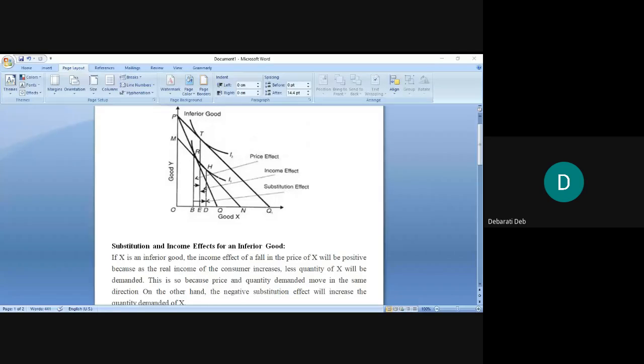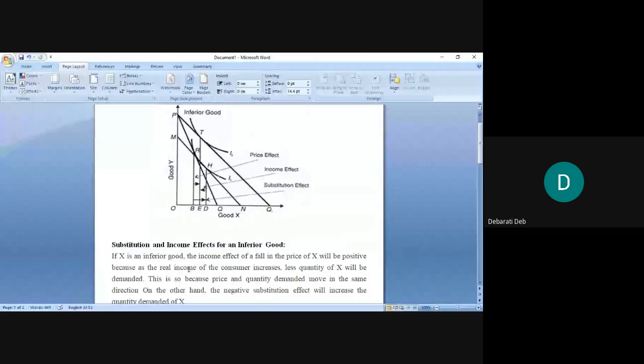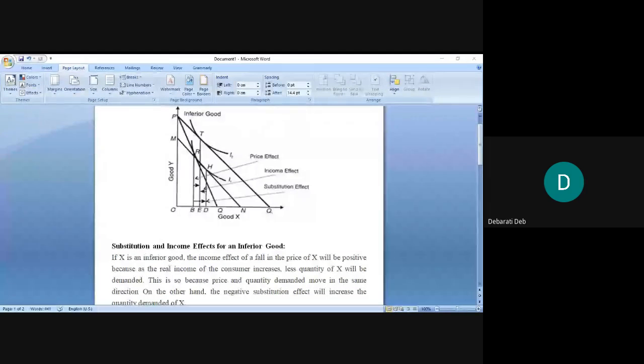Very good. So the main idea behind distinguishing this inferior good from all types of goods is this: in case of a normal good, if the income of a consumer increases, the consumer's budget line also increases, his purchasing power also increases, and he starts to buy more of the good.